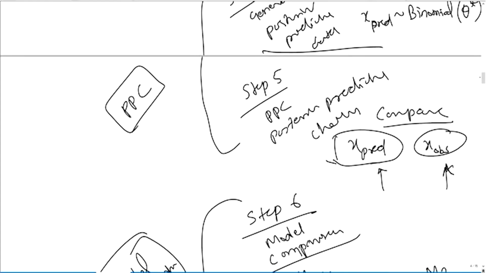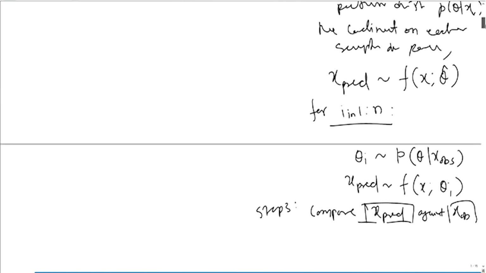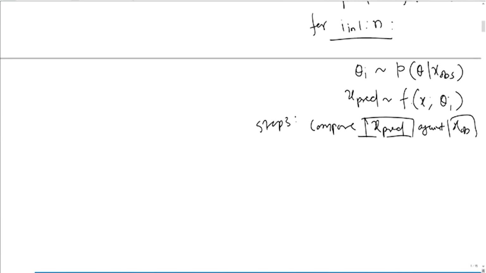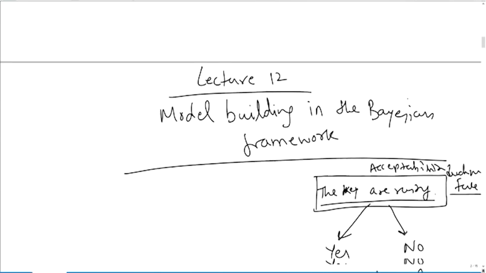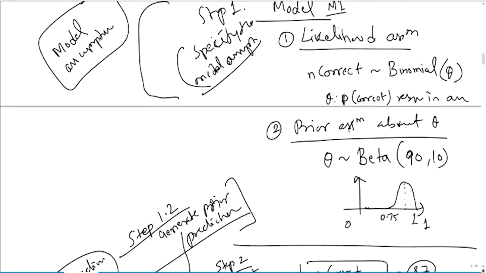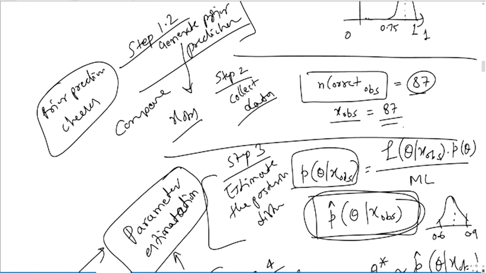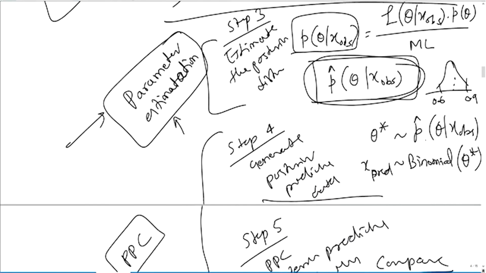This is how you can develop a whole workflow of Bayesian modeling. You can implement it in R. You know some of the steps. You can try it for a simple example. You know, for example, at this point, how to specify likelihood and prior assumptions, how to generate prior predictions, how to estimate the posterior distribution using a simple method where you take a lot of values of a parameter, calculate its likelihood and prior density, and multiply them to get posterior densities corresponding to each parameter value.